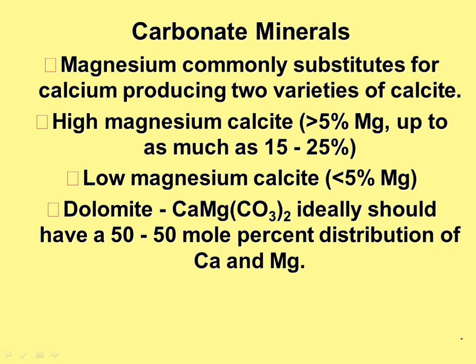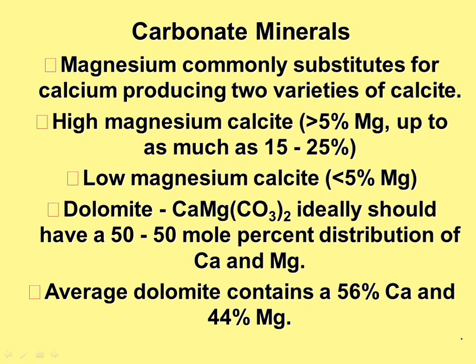Dolomite, another carbonate mineral, has the formula given there, and you can see the calcium and magnesium in the structure. Ideally, in a theoretical sense, it should contain 54% calcium and magnesium. In reality, in nature, the average dolomite is somewhat unbalanced with respect to the theoretical ideal, with about 56% calcium and about 44% magnesium in structure.